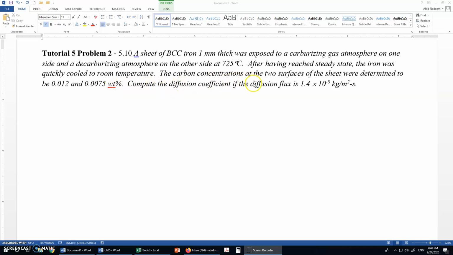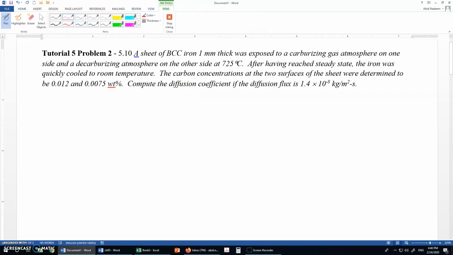Compute the diffusion coefficient if the diffusion flux is 1.4 × 10^-8 kilogram per square meter second. So in this problem we have to find the diffusion coefficient, represented by D, and we assume steady state conditions for the diffusion.